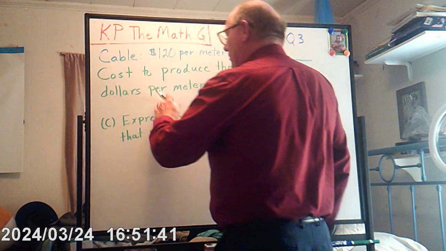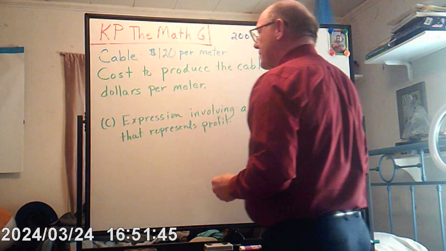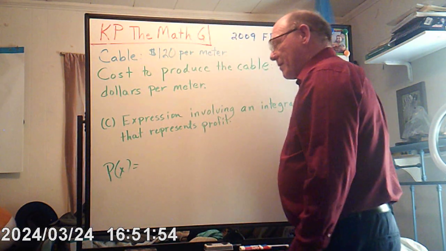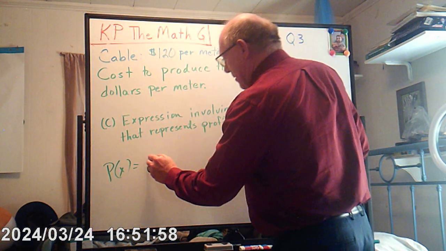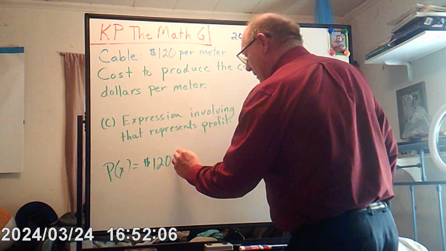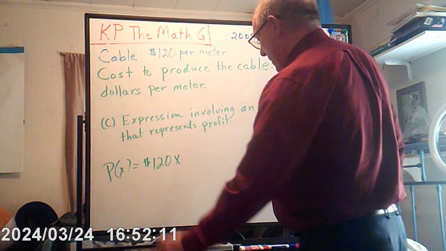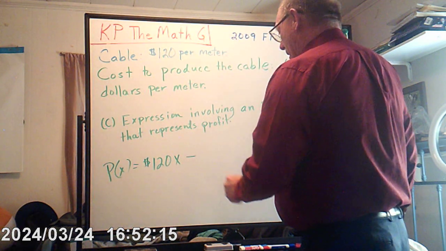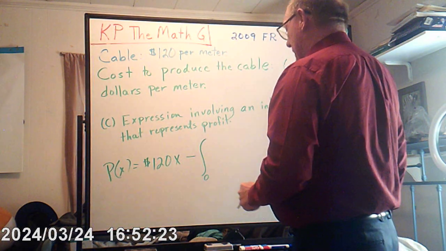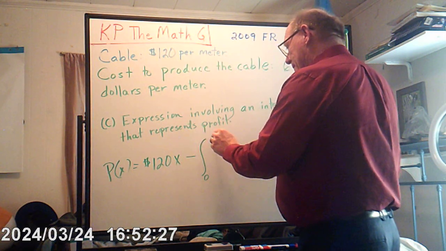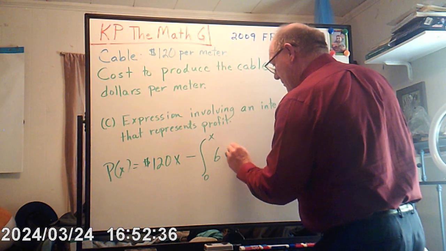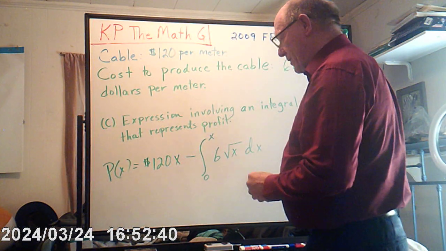Profit P(x) is equal to $120, the price of the sale per meter, times x, minus the integral from 0 to however many meters you have, x right here, of 6 times the square root of x dx, and that's what you would do there.